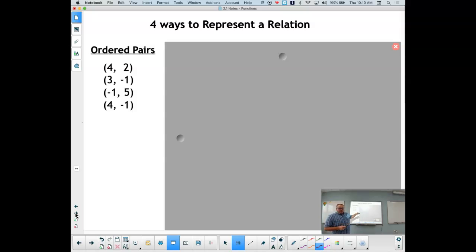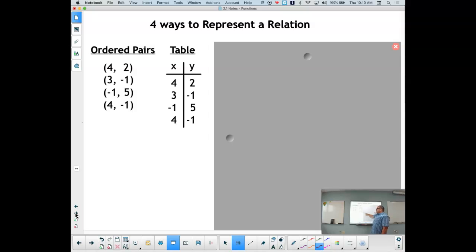For all four of these different ways to represent a relation, I'm going to use those four distinct points. Okay? So the second way that we can represent the same relation is I could make a table of values, the old X, Y, T chart, if you will. That's another way that I can represent the exact same thing.